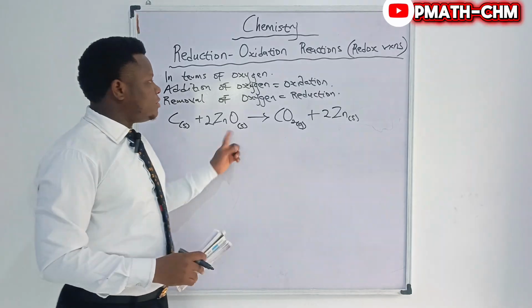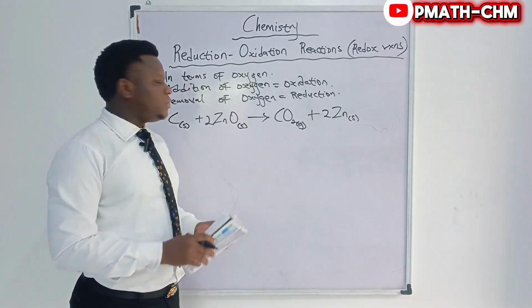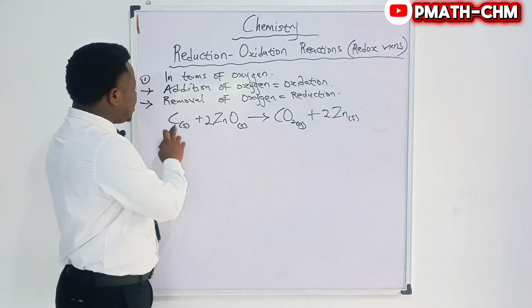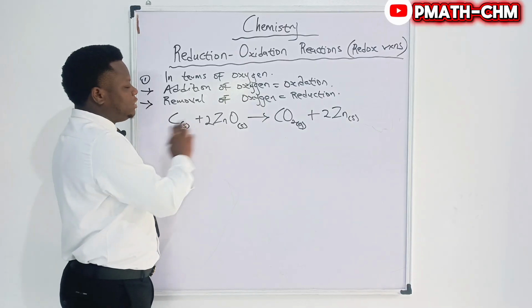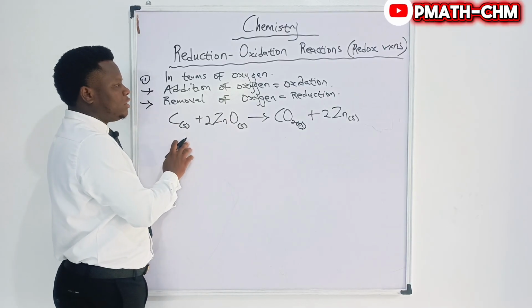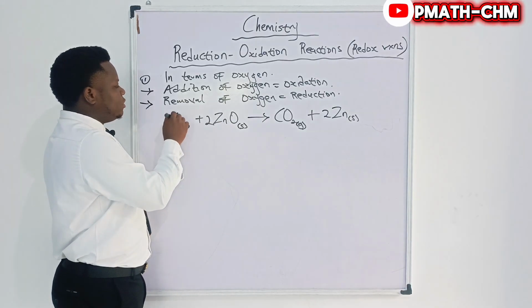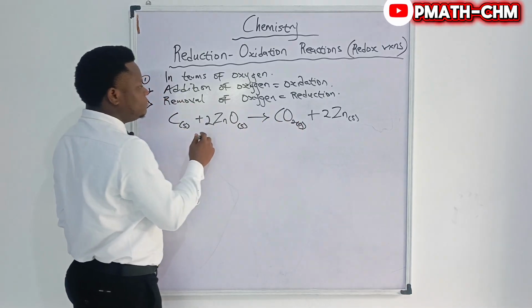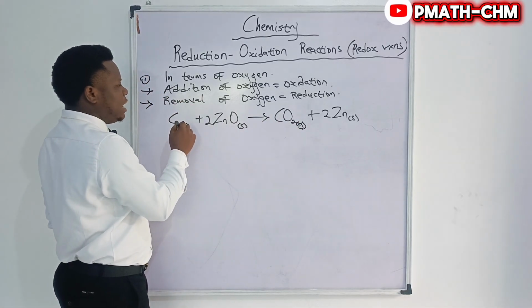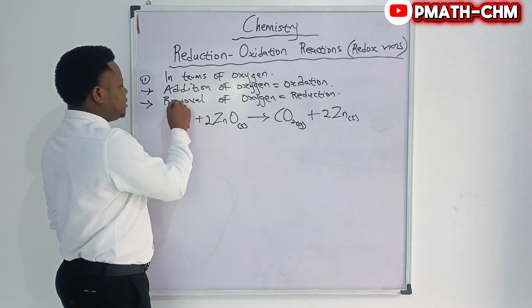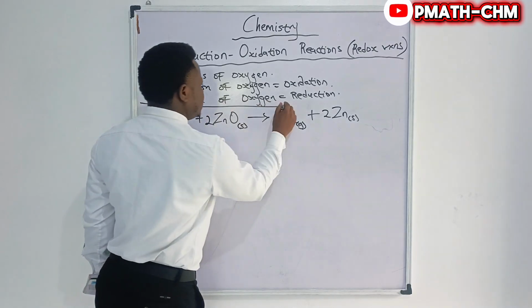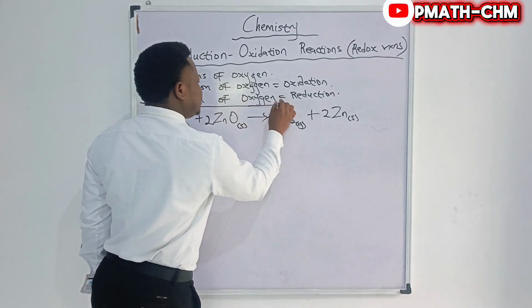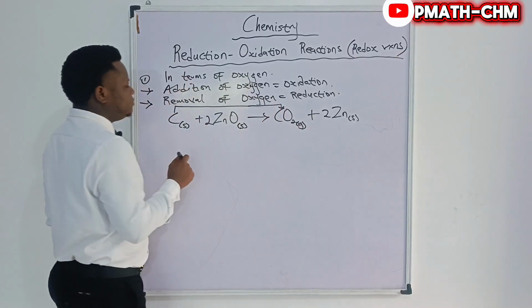Now, is this a redox reaction? Let's find out. Now, if you look at carbon, you focus on each of the substances, one after the other. If you look at carbon on the reactant side, and this is carbon on the product side, if I should draw an arrow, let's say this is the arrow from the reactant side down to the product side.